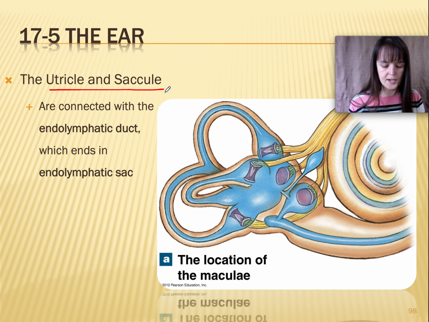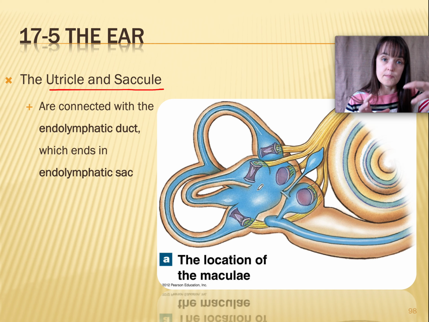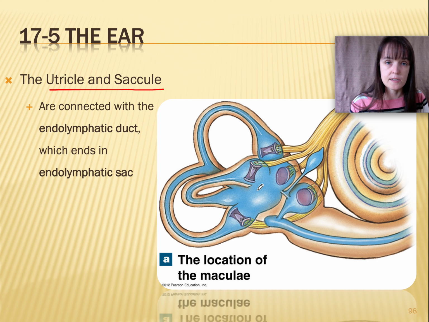The utricle and saccule provide position and linear movement sensations, bottom of page 22. Describe the functions of the endolymphatic duct and the endolymphatic sac. Endolymph is constantly being made, but because it's inside the membranous labyrinth, which is inside the bony labyrinth, which is bone, you can't have an excess amount of endolymph because your inner ear would probably explode or something. Bad things would probably happen.